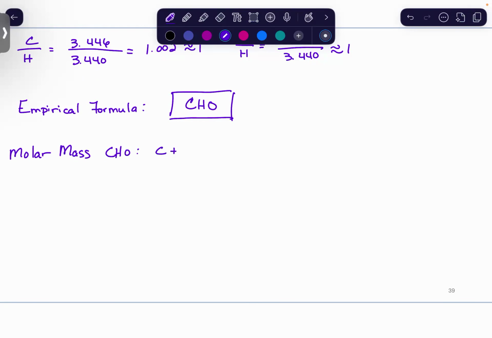It's going to be carbon plus hydrogen plus oxygen: 12.01 for carbon, 1.01 for hydrogen, plus 16 for oxygen. That is going to give us a molar mass of 29.02 grams per mole.